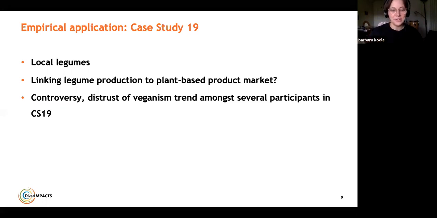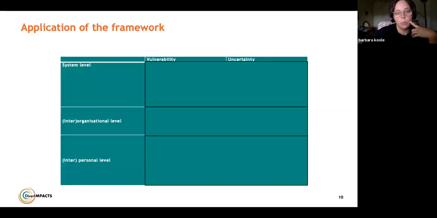So it created an interesting puzzle, and this is what I looked into in more detail, and I also did a lot of interviews with the participants to understand better each of their own perspectives on this topic. So here you see the same framework again that I just explained.